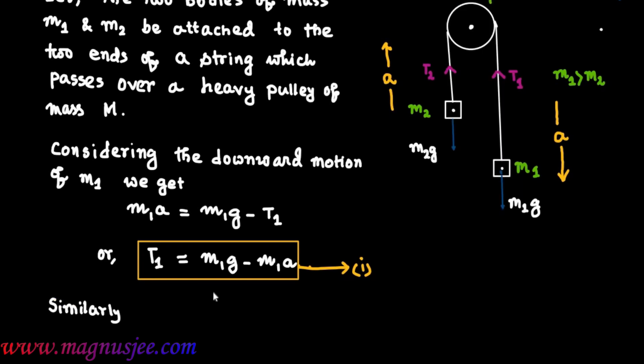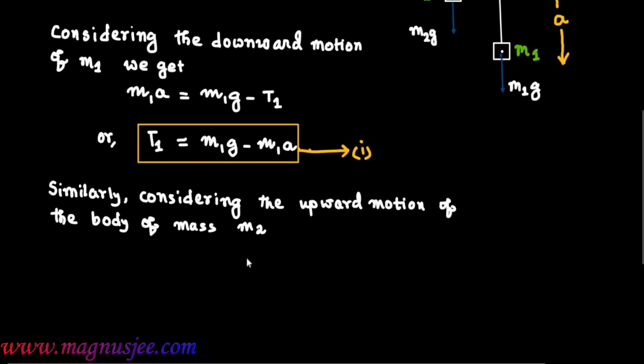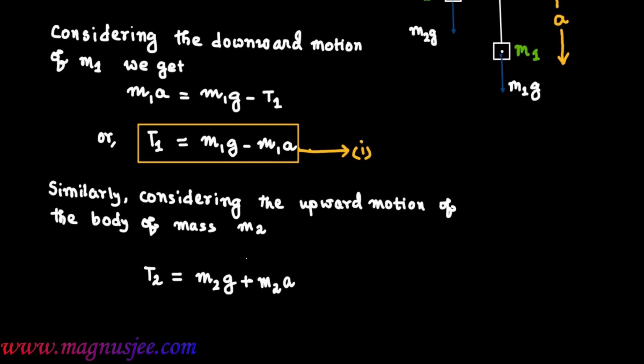Similarly, considering the upward motion of the body of mass m2, we get T2 equals m2g plus m2a.